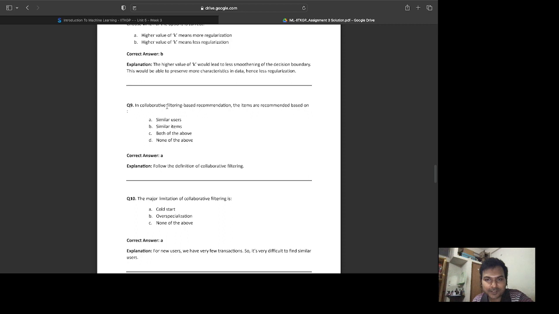It should be both of the above, right? Right, sir, that is what even I felt, both of the above. I don't know much about this, but I also feel that it would be both of the above. Even in the ma'am's lectures it was mentioned that it was both similar users and similar items. Ideally for recommendation, it would be similar users as well as similar items. It's common sense in some sense.